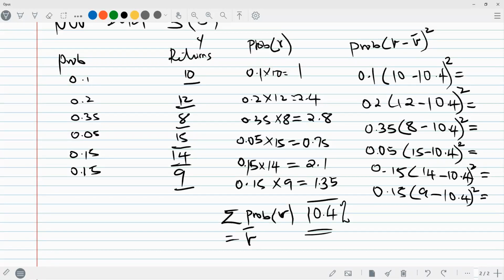I'm getting 10.5. Someone confirm, 10.4 or 10.5? 10.4. Okay. Just do it again, sum them up together: 1 plus 2.4 plus 2.8.